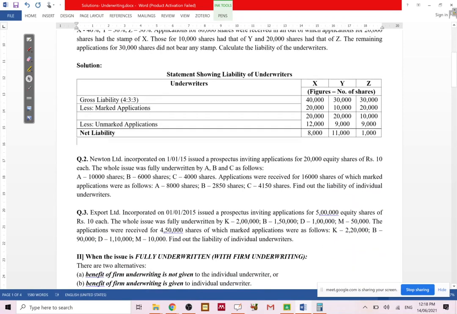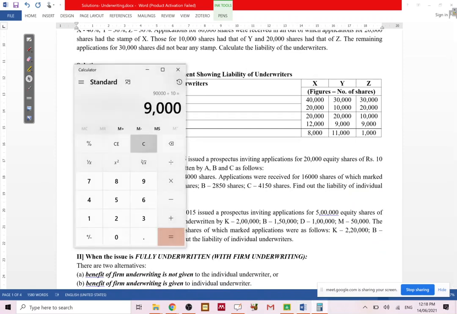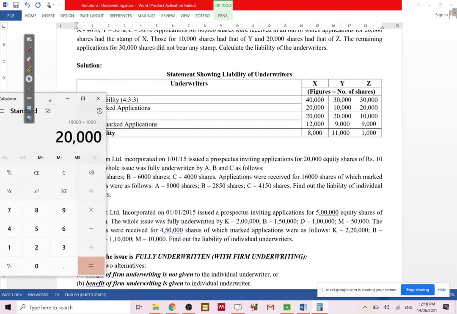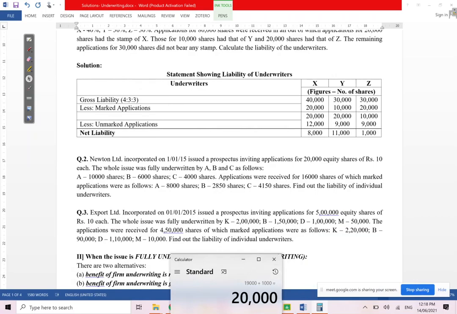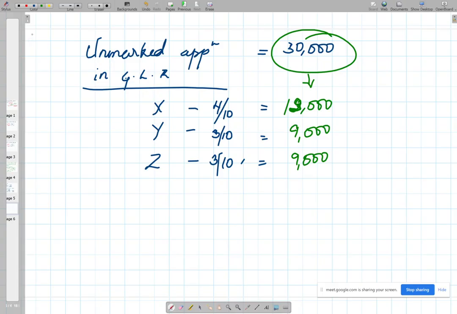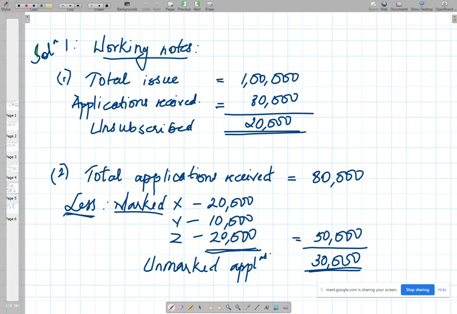So net liability of each one, X plus Y plus Z, how much do you get? 8,000 plus 11,000 plus 1,000. 20,000 total liability. Now let's understand the concept. Let's understand the logic behind this 20,000. See, look here, when I calculated in the beginning, I said total shares which were issued were 1 lakh.